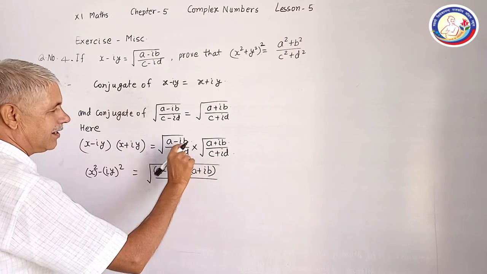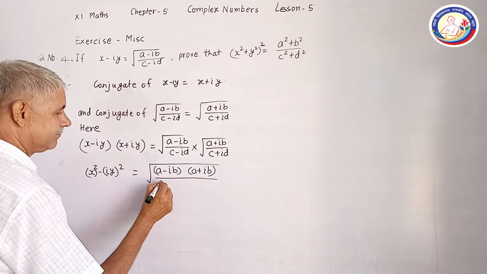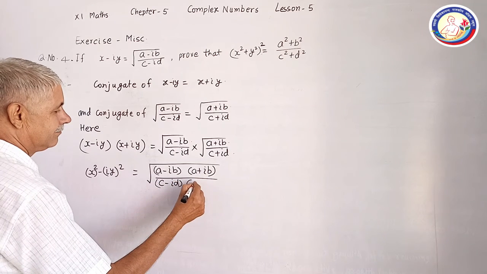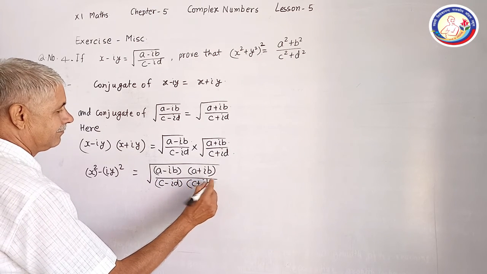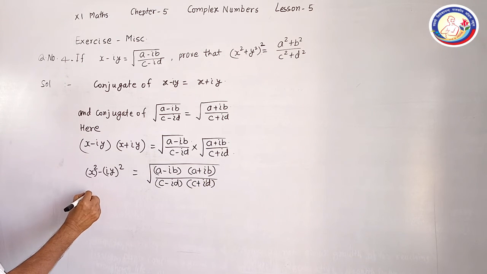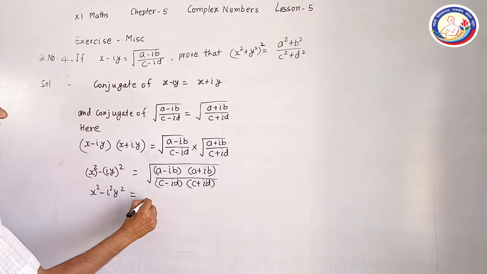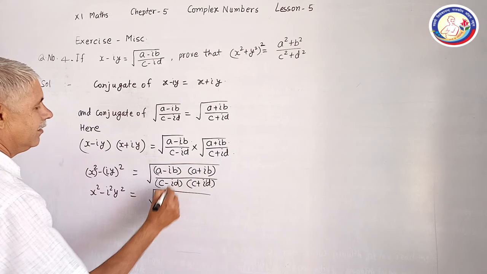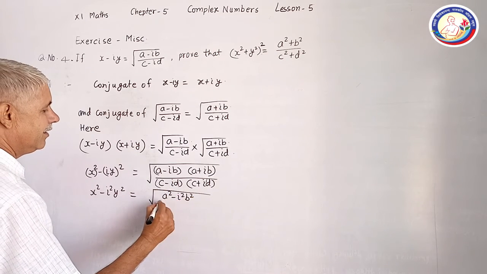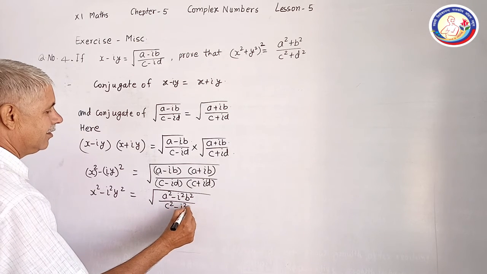The powers here are 1 by 2 and 1 by 2, so we can multiply the radicands. So this will be x square minus iota square y square, and here we will have a square minus iota square b square divided by c square minus iota square d square.